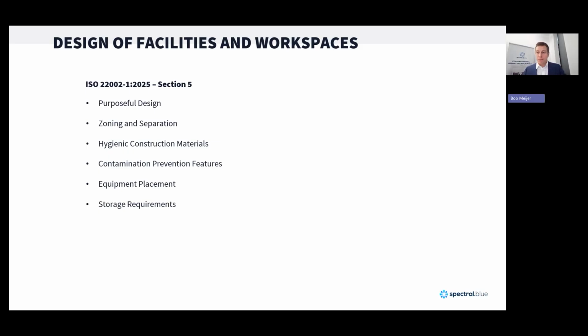Facilities must be planned and maintained to minimize contamination and cross-contamination. They need to support hygienic operations and enable a logical flow of materials, personnel, and waste. Physical or temporal separation between raw and processed areas is essential. Walls, barriers, or distance help prevent cross-contamination.